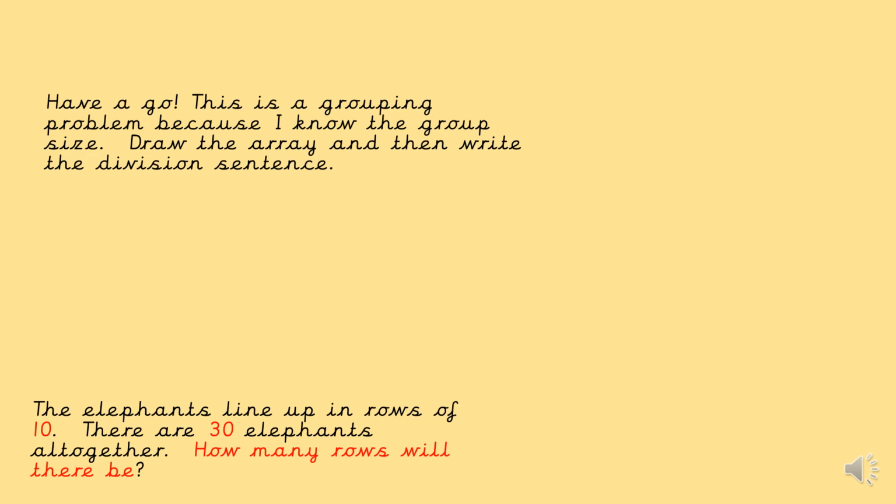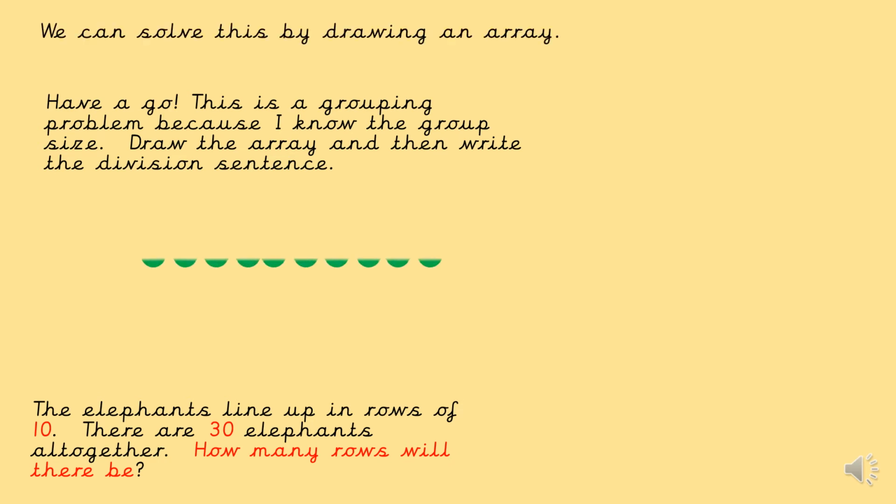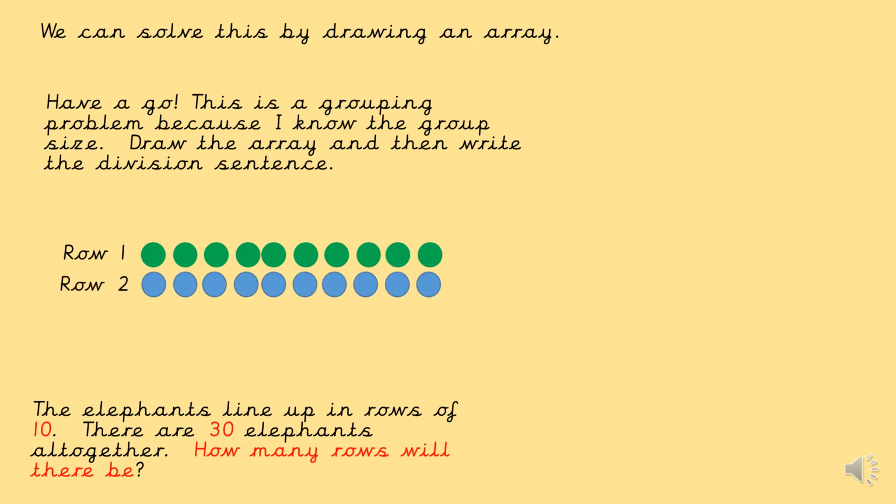How did you get on? Let's have a look. So, drawing an array. My first row of 10, my second row of 10, 10 and 10 equals 20. My third row of 10, 10, 20, 30.